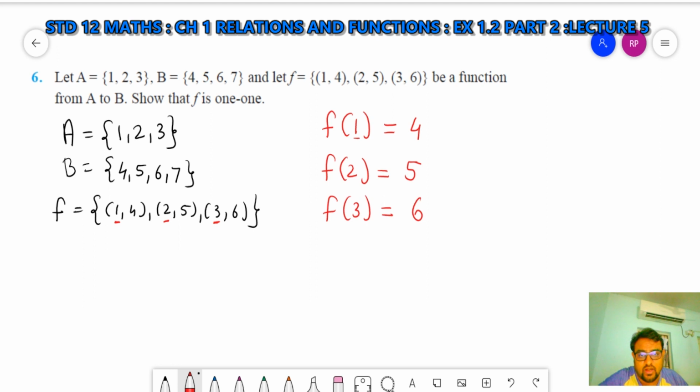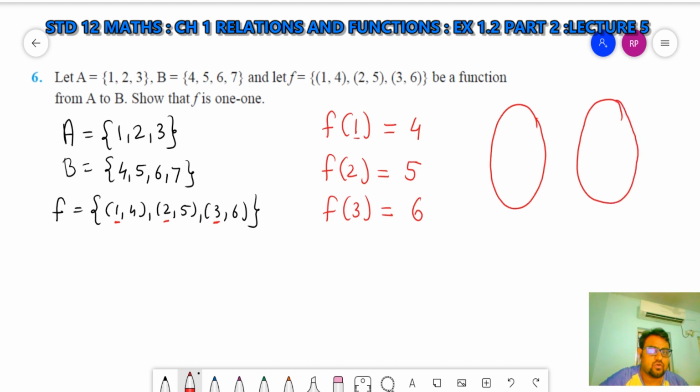So see, each element is having only one value and that is not repeated. Here we will take 1, here we will have only one value. Right? If I draw using an arrow diagram, like 1, 2, 3, and in this case it's 4, 5, 6, 7.